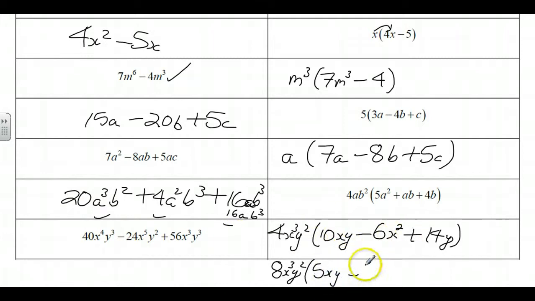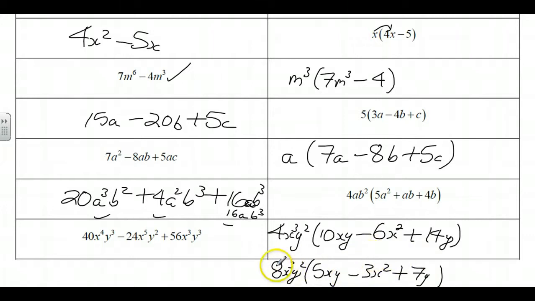I pulled a 2 out of here, 3x squared. I pulled a 2 out of here, plus 7y. 5, 3, 7. That's odd. They're all prime, so there's no number that goes in, and same as above, we've got an x and x squared. We've got the y's here and here, but no y here, so we're done.